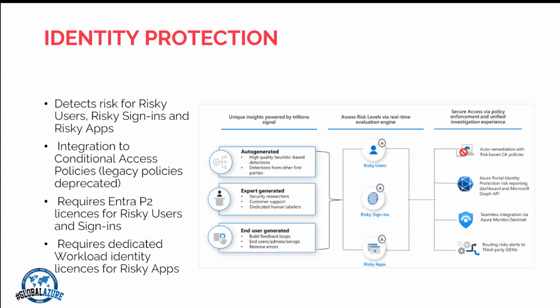The first one is risk based on the session, the risky sign-in type of thing. The second risk is holistically on the user profile, and the last one is also risky apps. Again, this is a capability that you can easily integrate with conditional access policy for identifying and remediating those risks.